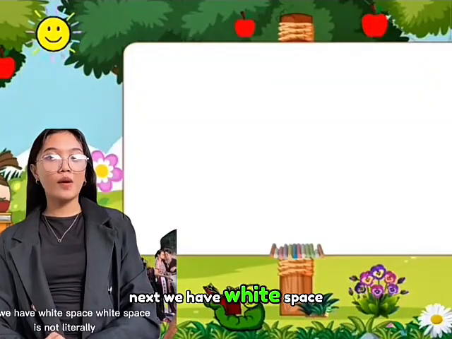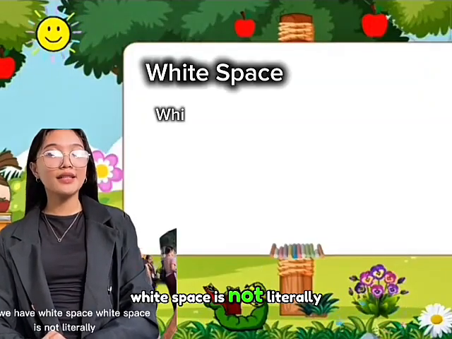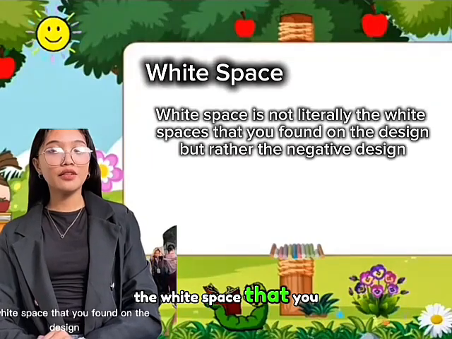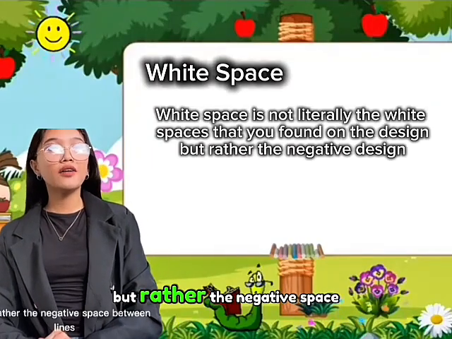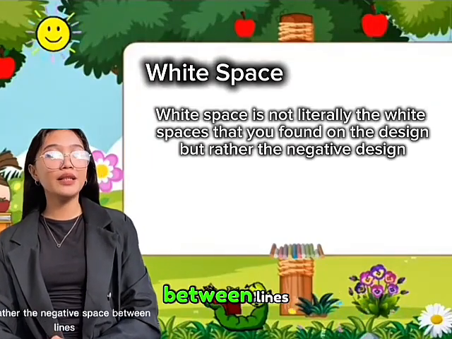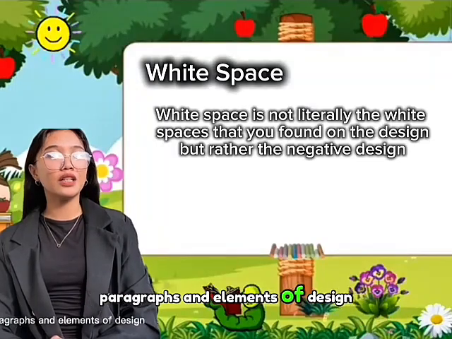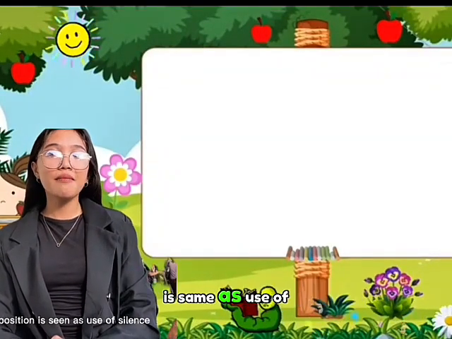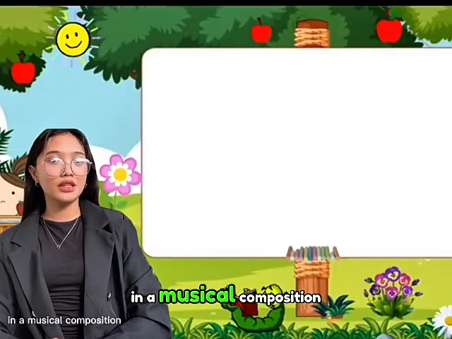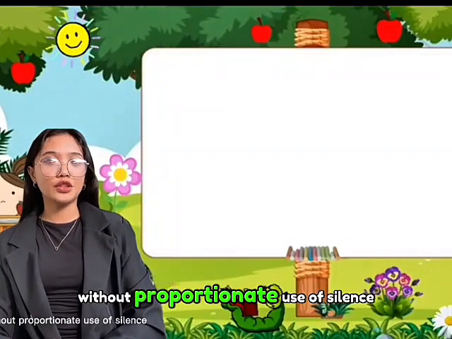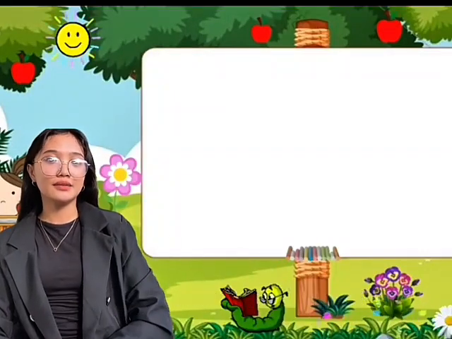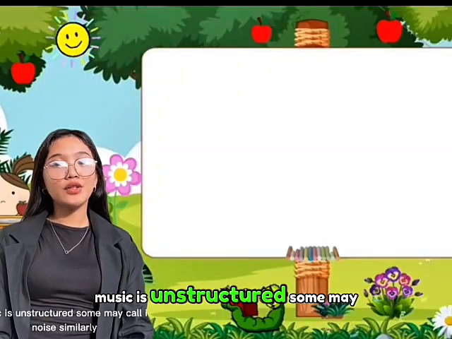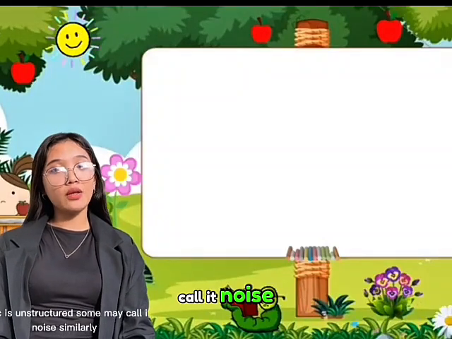Next, we have white space. White space is not literally the white space that you find on the design, but rather the negative space between lines, paragraphs, and elements of design. White space in design composition is the same as the use of silence in a musical composition. Without proportionate use of silence, music is unstructured, some may call it noise.